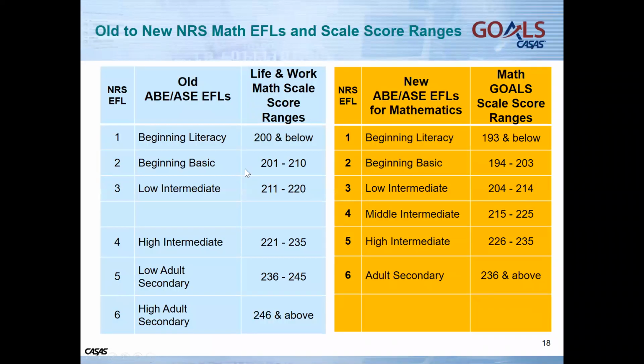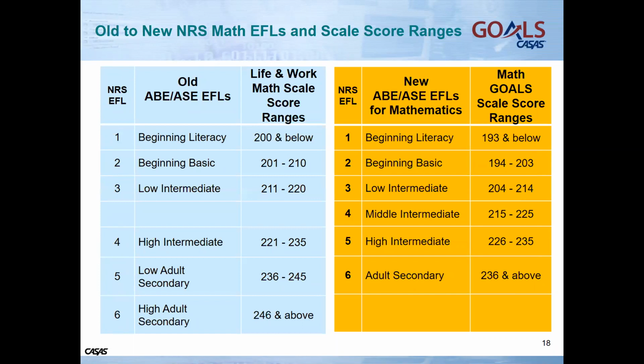Now, this also shows you what I was just explaining briefly. For math, on the left side are the old levels, which are still actually the levels for reading, but they were the levels for math. Now you can see that the middle intermediate level provides an additional lower level in math.